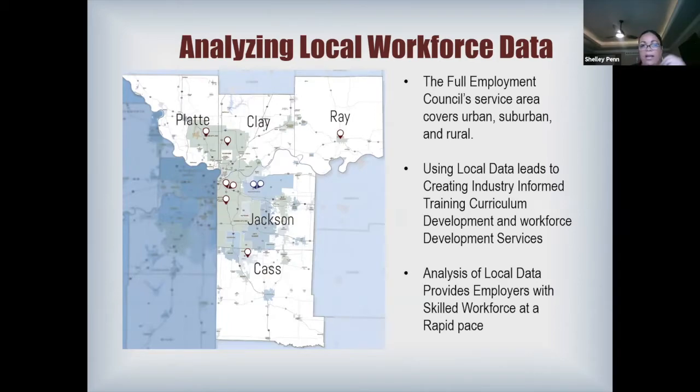In Ray County, you have more warehouse, transportation, logistics. Jackson County and Cass have a combination of all of those things. And so we utilize labor market information to focus our staff's efforts and target the various sectors in the counties that we serve.